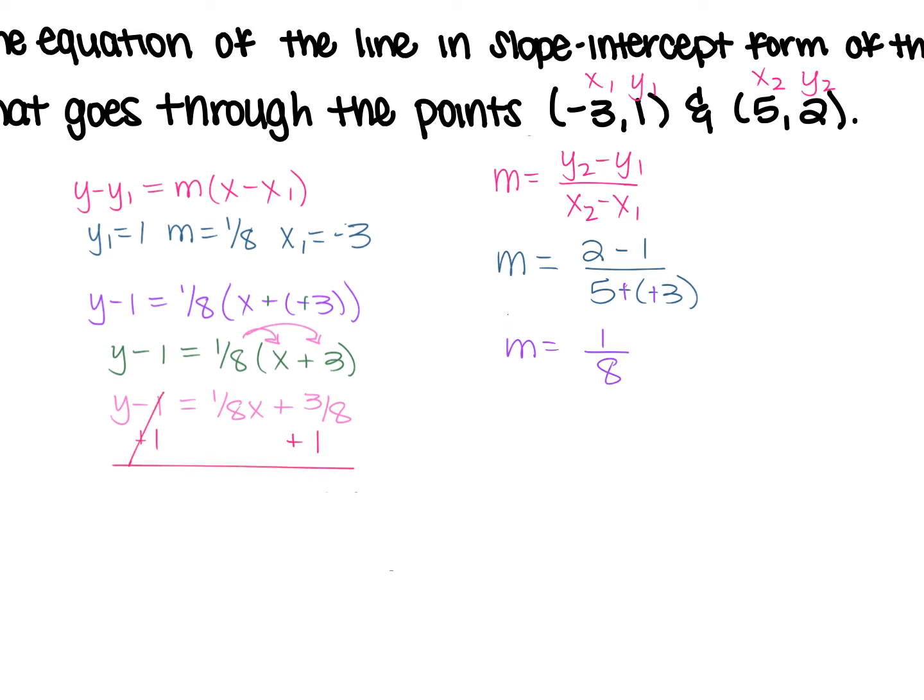In order to add that 1 with the 3/8, what does it have to turn into? 8 over 8. So that way it has the same denominators. So we are going to do 3/8 plus 8 over 8, which simplifies to give us y is equal to 1/8 x plus 11 over 8. Keep it as an improper fraction in simplest form, and that is your answer.